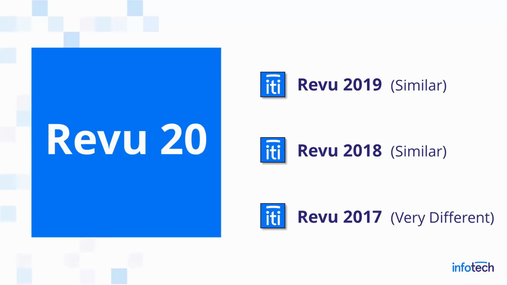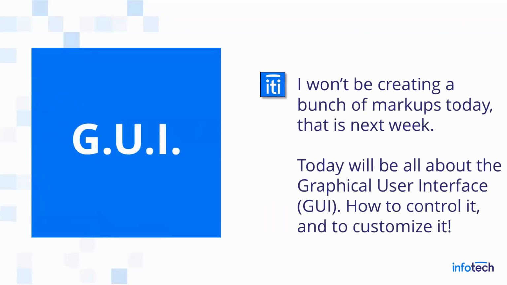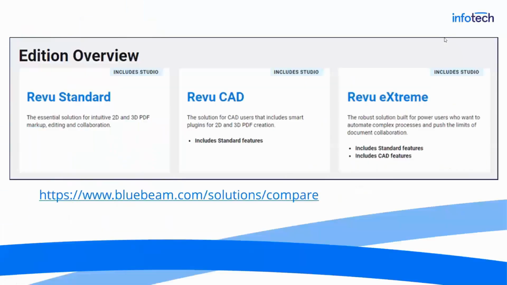If you're using Revu 2017 or any earlier version of Revu, what you're going to see on the screen today is going to look very, very different, because between 2017 and 2018, there was a significant modification to the user interface. Just a reminder, I'm not going to be creating a bunch of markups and manipulating markups today. Today is devoted to the user interface, what people refer to as the GUI, the graphical user interface, how to control it, how to customize it, and so on.